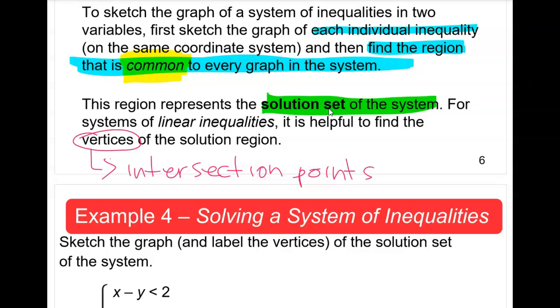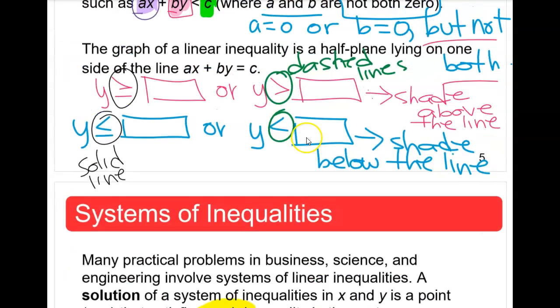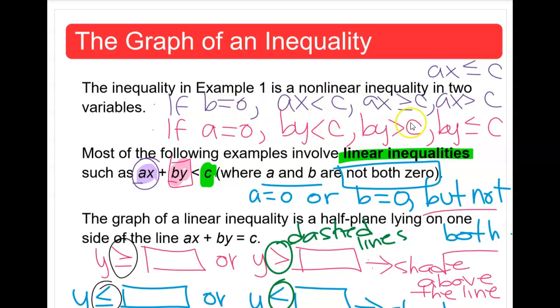So I'm going to go back one slide, and we're going to revisit this concept here. If we have something written in terms of just ax and then a constant, I don't know if you remember, but those are going to be vertical lines, just like we did with x equals a number. And if we have by and then a constant, those will be horizontal lines.